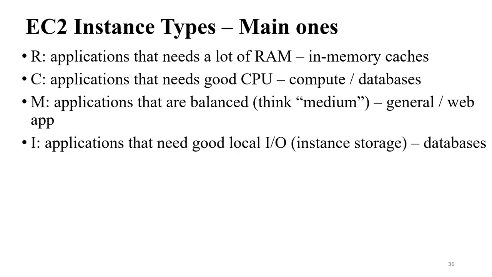Then another one, I type instances. Suppose you have millions of transactions per second, IOPS, which stands for input and output operations per second. Huge transactions writing to the disk or reading from the disk. If I'm saving a file, the file content is going to be updated in the hardware, right?